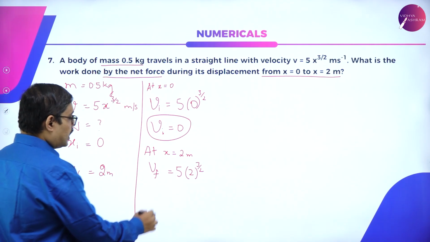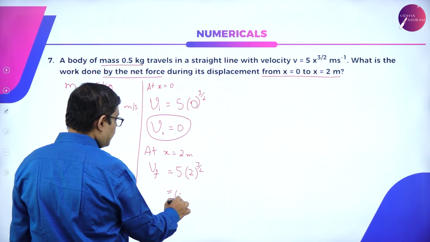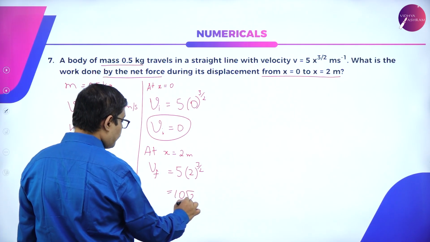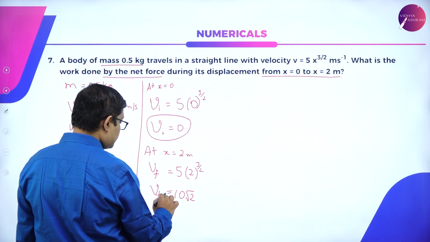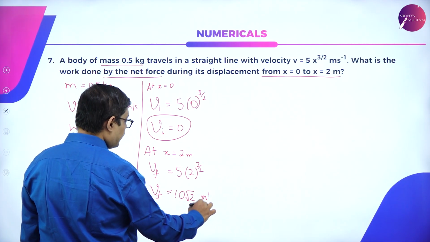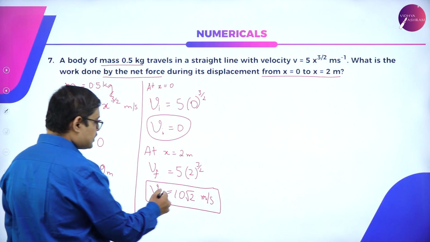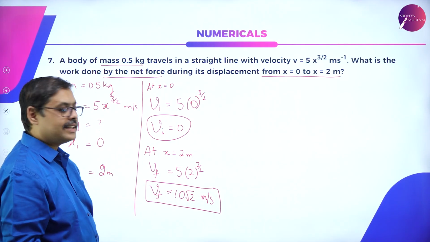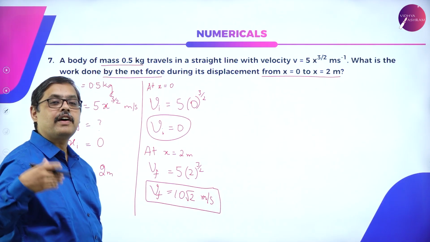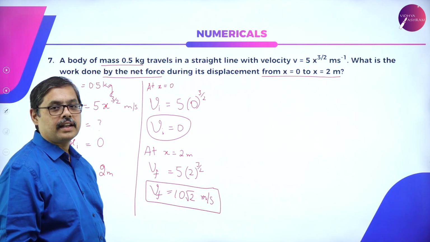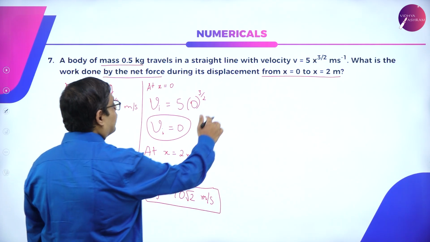I can write this as 10 root 2. Final velocity is 10 root 2 meter per second. I will not solve this further down because I will need this terminology. I will have to use the calculator and then solve this further.